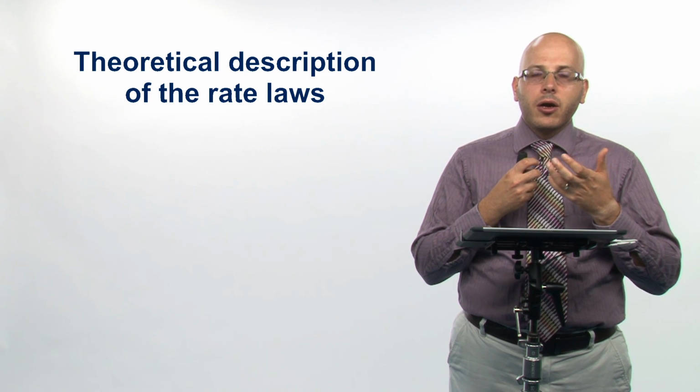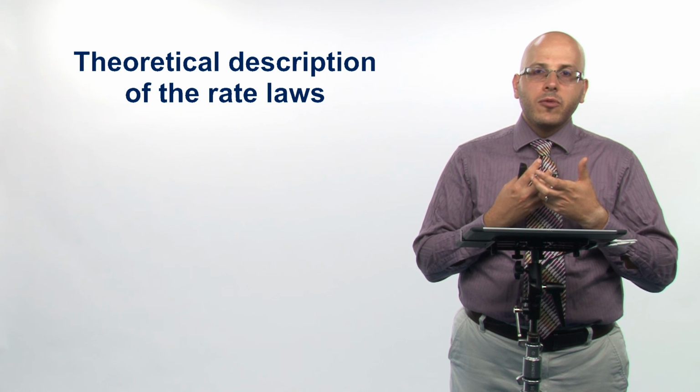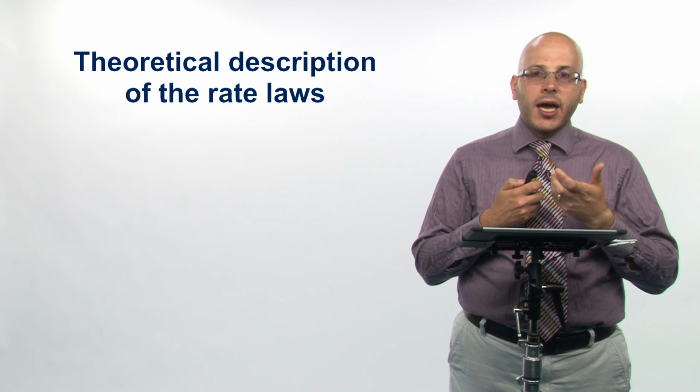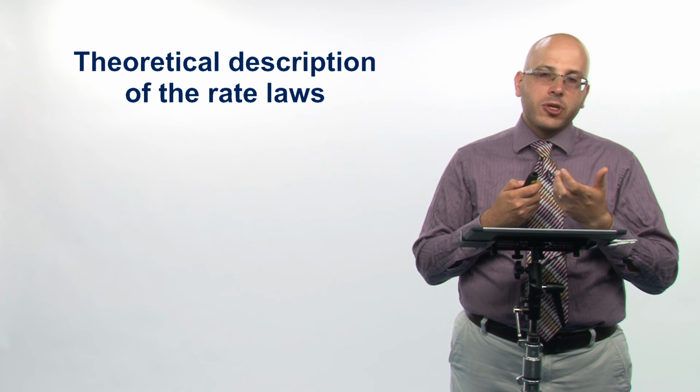So now let me give you a little bit of a theoretical description of a rate law. Okay, most elementary reactions are of a known molecularity, which means I can just look at the chemical reaction and tell you exactly how many things are present.